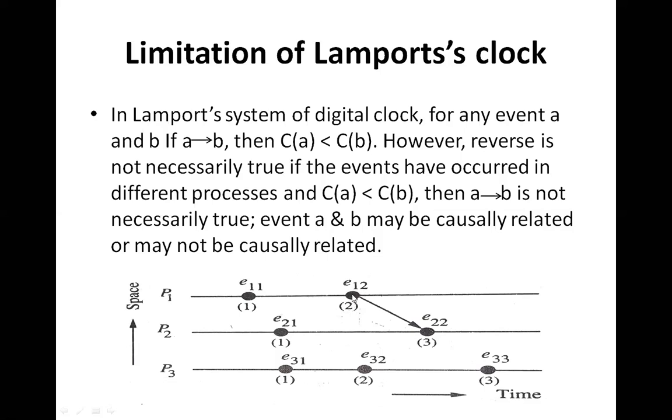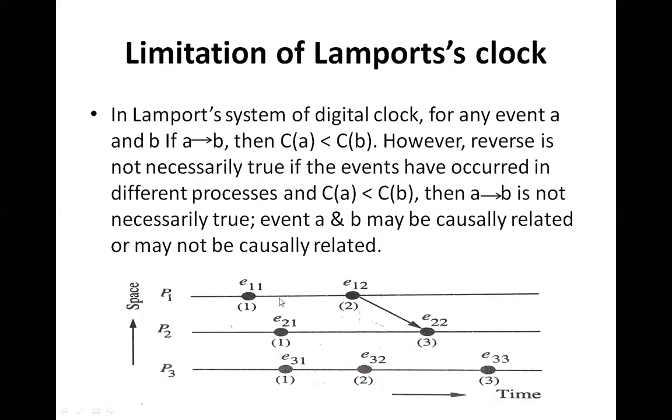And this event E12 is sending a message to process P2, which is received at timestamp 3 at P2. So we can say that E11 is causally related with E22, because E11 has happened before E22, and the timestamp of E11 is less than the timestamp of E22.